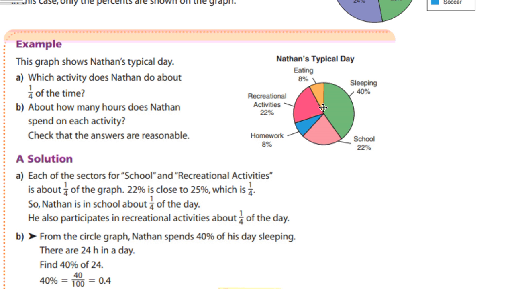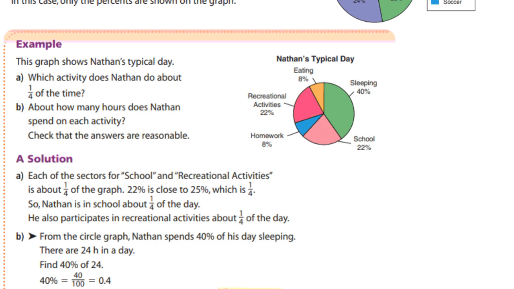So we have to think about what percent is close to 1/4. So a quarter of 100 is 25%. So remember, we have that 1/4 of 100, and that "of" is the same as times 100.